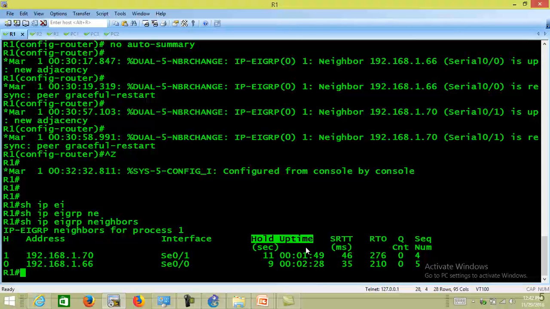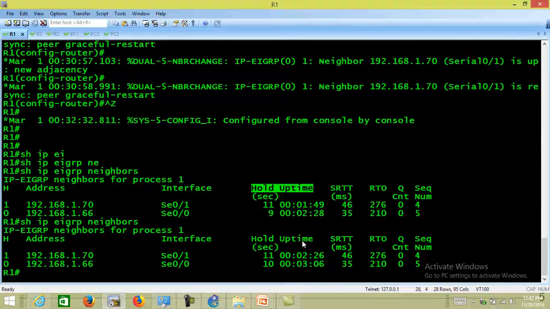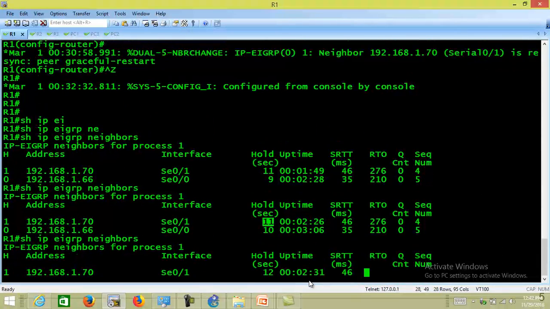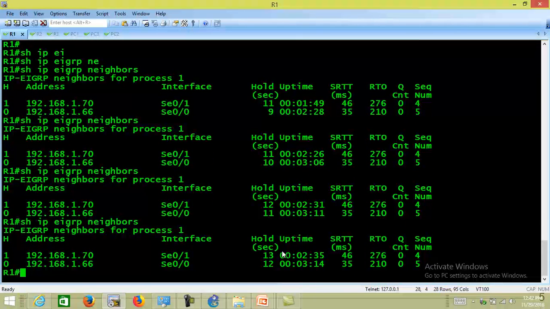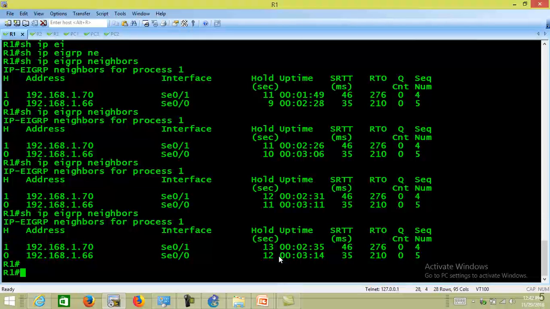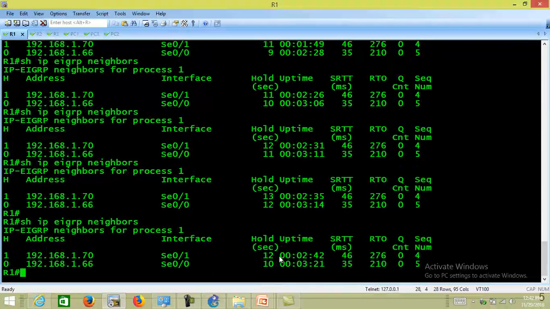So we say that the hello is sent once every 5 seconds. If I keep on hitting up arrow, you can see that this should never go below 10, right? You can see here it is now 12. If I can do it fast, 13, because when we receive a hello packet, we reset.